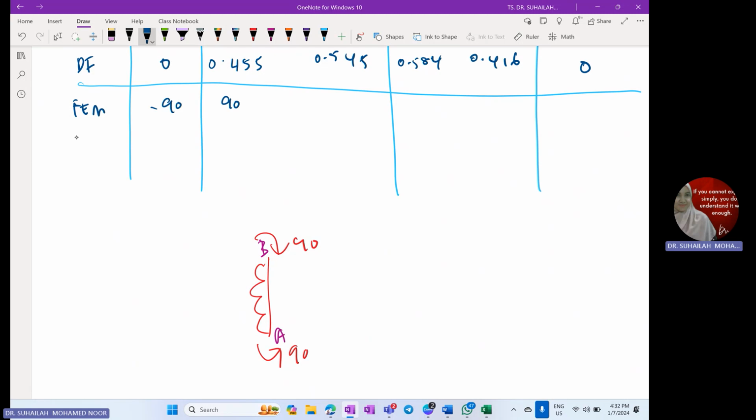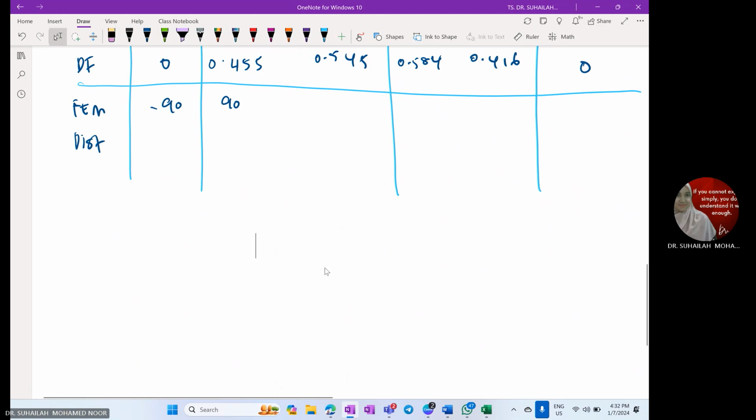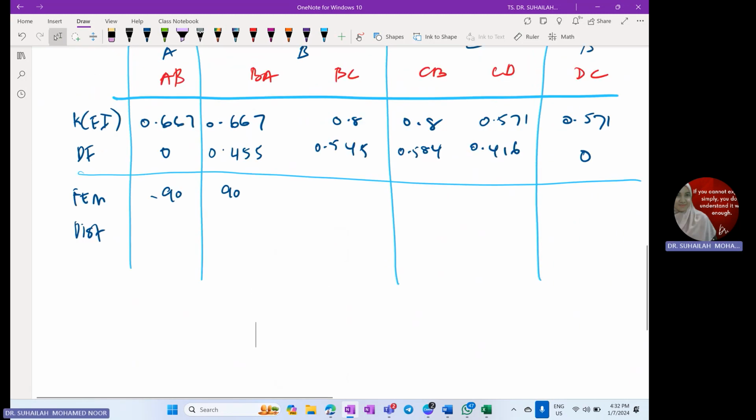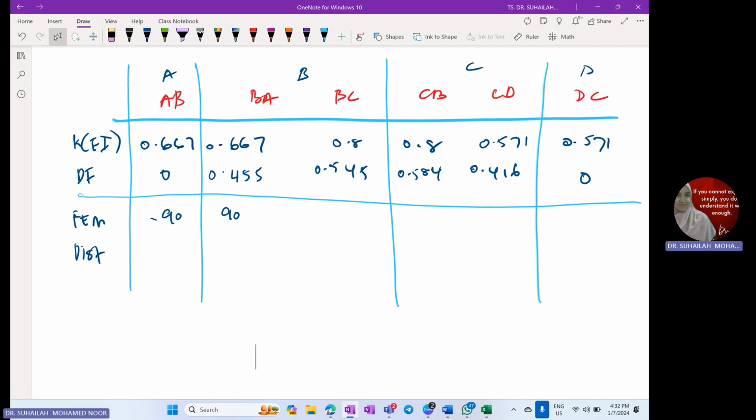Then we start with the first distribution. We will distribute the joint moment, which is 90 times this factor, then times this factor.